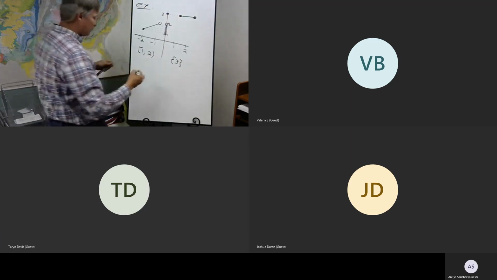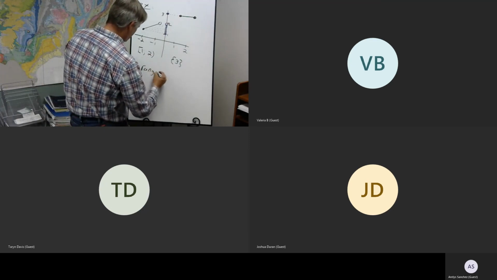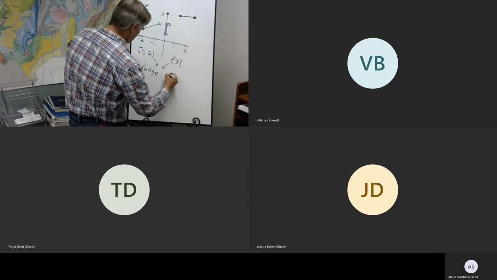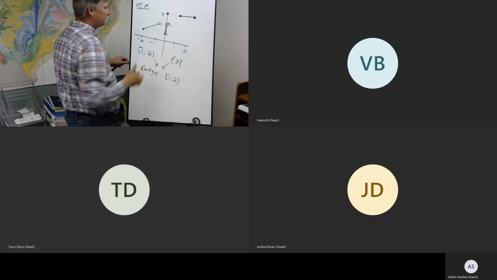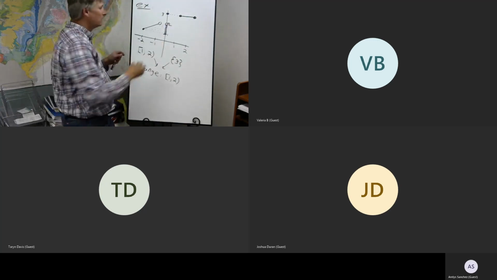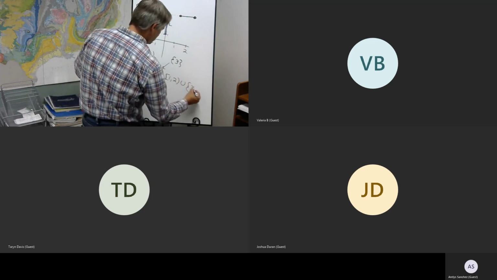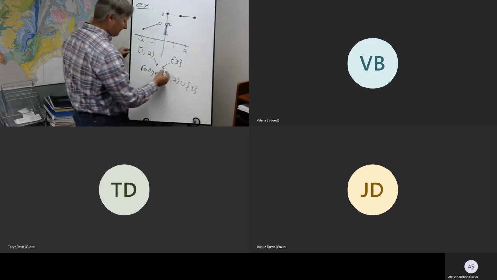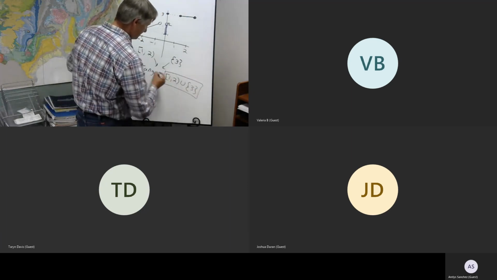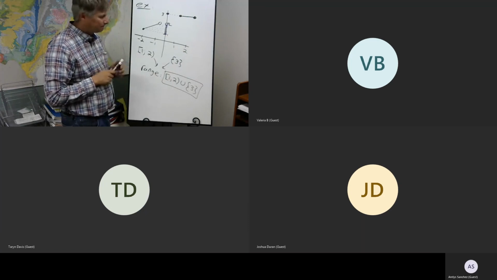So putting this together, for the vertical axis we go 1 to 2, but not quite 2. And then we tack on that 3, and a point by itself gets curly braces. And that would be our range.